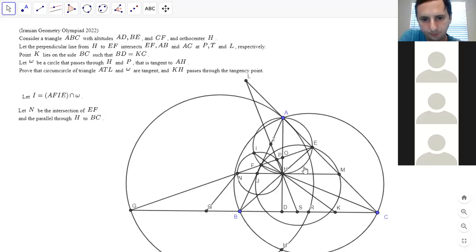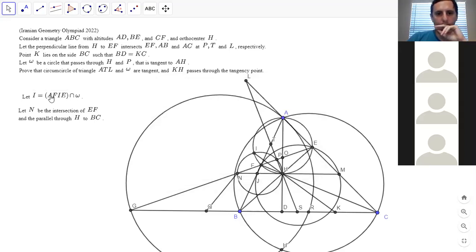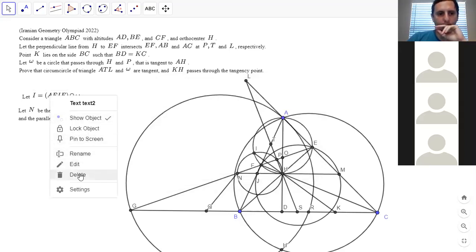What's the next step? I think we should let I be the foot of the altitude from H onto AN. Okay, so first define N, it basically is what you're saying.